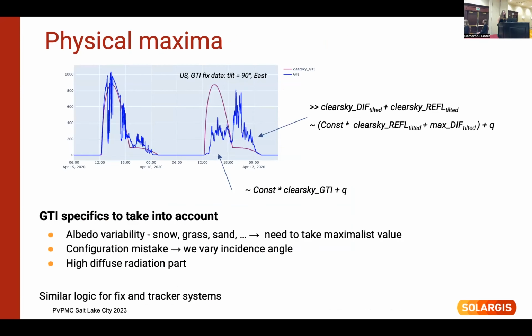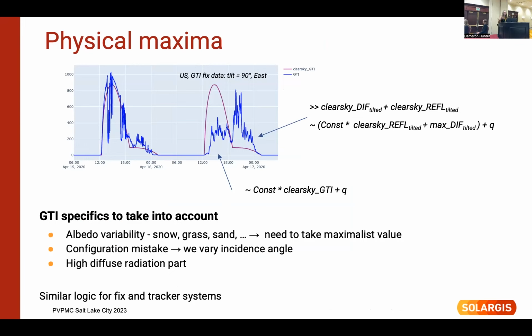Okay. So I tried to explain how it works, and now how we can think about a physical maximum limit for this case. So for the mornings, it's actually quite easy, because if you think about it, the limit for the maximum should be proportionate to clear sky GTI.